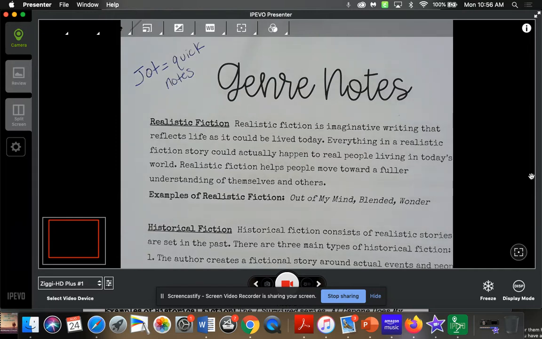Everything in a realistic fiction story could actually happen to real people living in today's world. Realistic fiction helps people move toward a fuller understanding of themselves and others. After reading that, what should we jot down as notes to remind us what realistic fiction is? So what should we jot down?